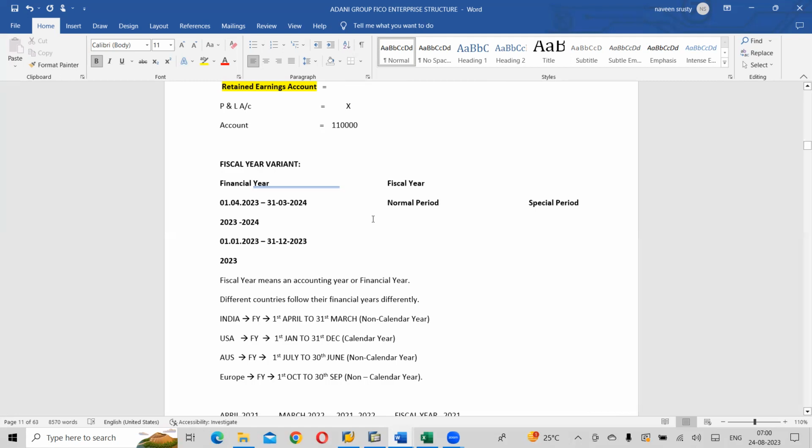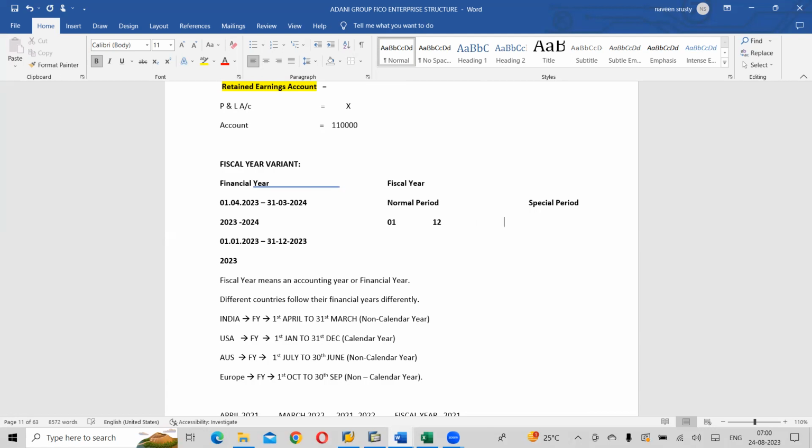Normal periods start with 1 and end with 12.